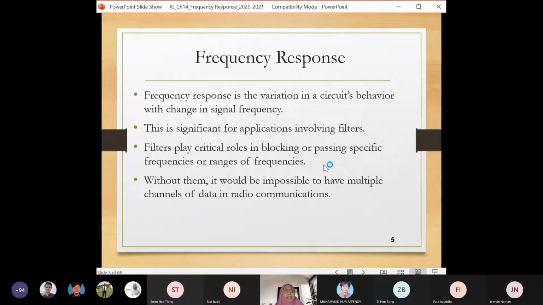Without the filters, it would be impossible to have multiple channels of data in your radio communication. So we have in a raw signals, there will be noise. So with the filters, you can remove the noise. You know the frequency of the noise, so you remove the frequencies of the noise. Okay, that is the basic of frequency response.